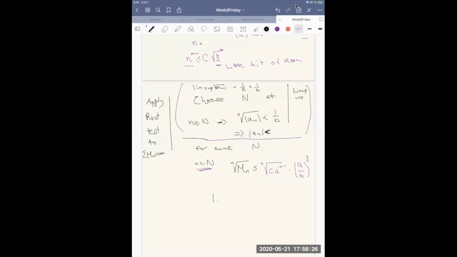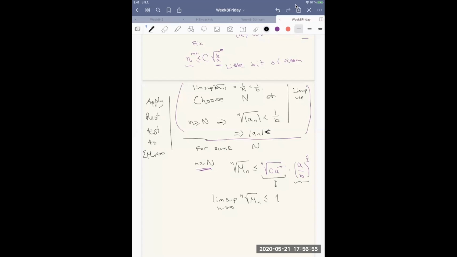So now if we take the limit superior as n goes to infinity of the nth root of Mn. I don't want to take a limit because I don't know that the limit exists, but the limit superiors have exactly the same upper bound. And this factor here is converging. This is a constant in n that we have inside there. So the limit of this is equal to 1.